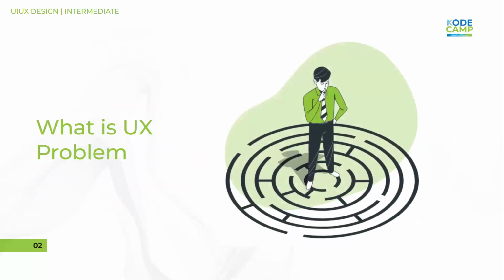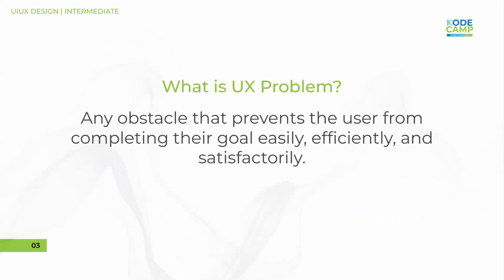Okay, so what is UX problem? This is a question of today's class. What is UX problem? So let's check. We said here that UX problem is any obstacle that prevents the user from completing their goals easily or efficiently and satisfactorily.